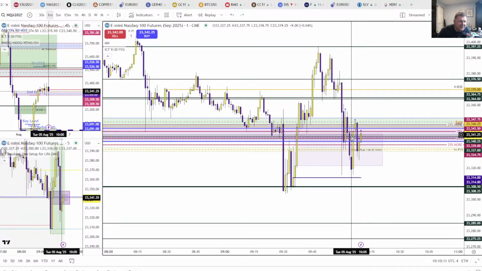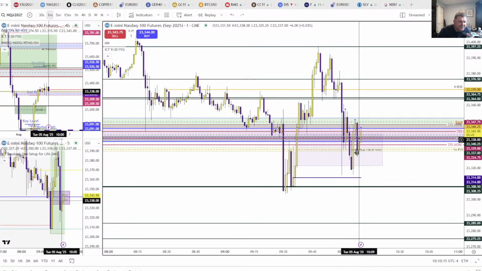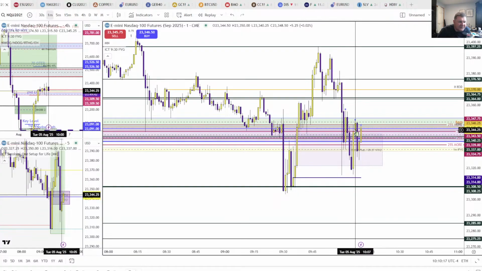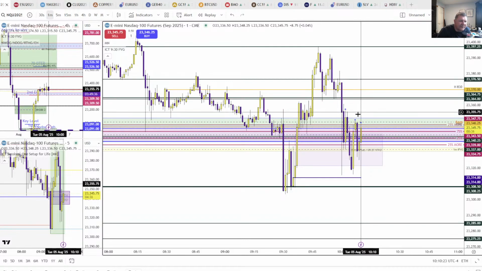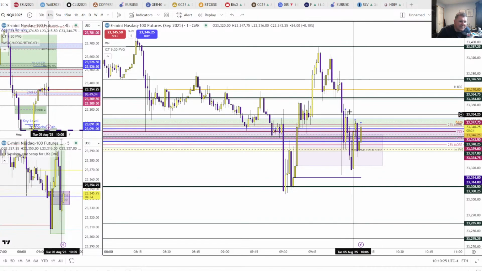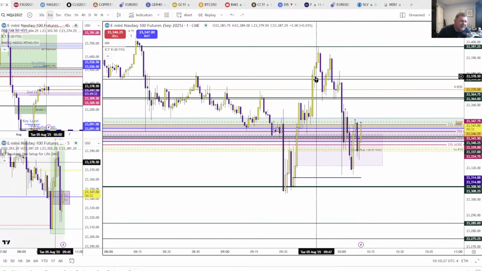Hold and then run to the BISI. There's the BISI right there. Done. Box to box. Now you want to see a range extension, mean threshold. Use this level as support, or pop straight through here and use this last candle as support to run to the next BISI imbalance.